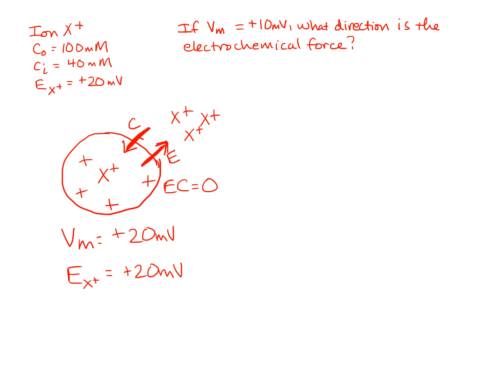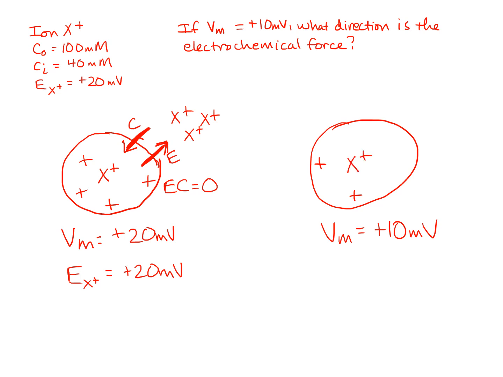So the question asks, if the cell is at a membrane potential of plus 10 millivolts, what would be the electrochemical force direction? Okay, so the membrane potential is at plus 10 millivolts, so we're not as positive. So we're going to draw less positives inside the cell.